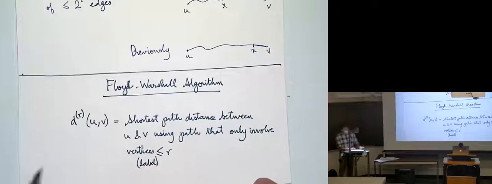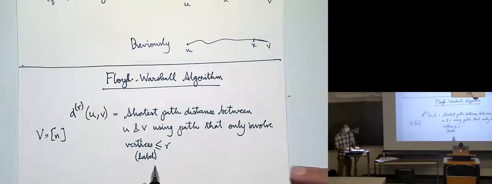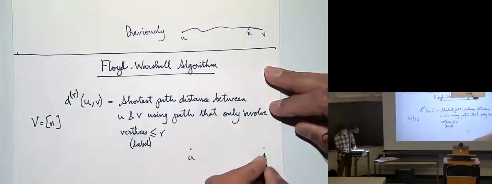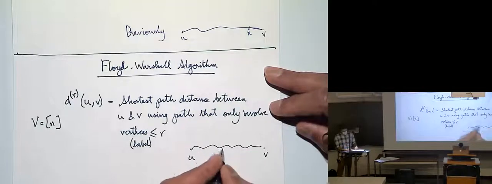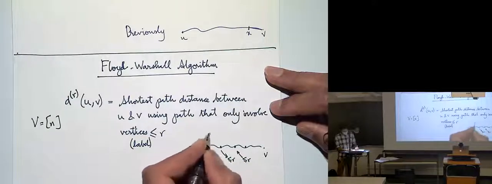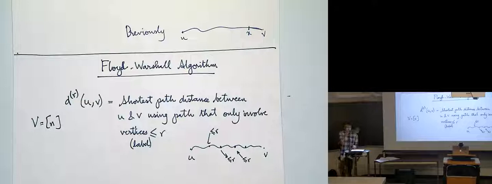It's convenient to think of the vertices as labeled from 1 to n. So this is saying let d^(r)(u,v) be the shortest distance where every intermediate vertex has a label at most r. Does that make sense? u and v might have labels more than r.